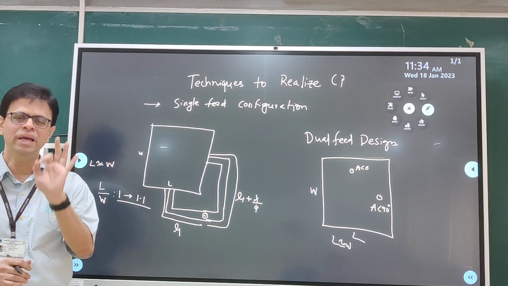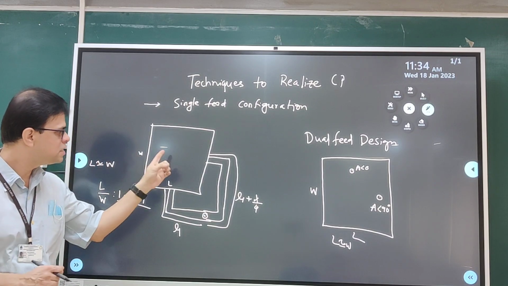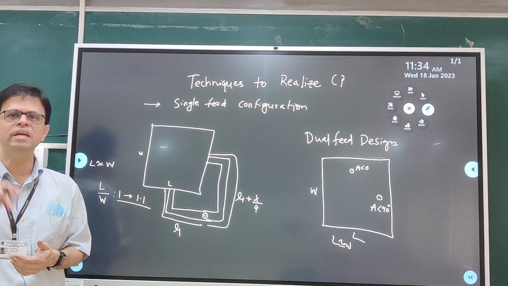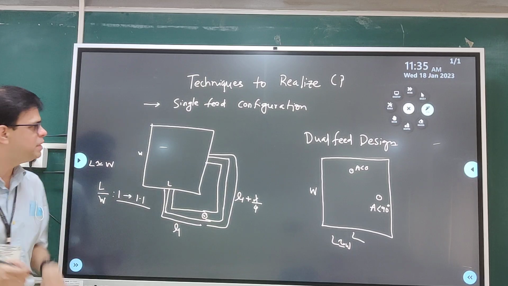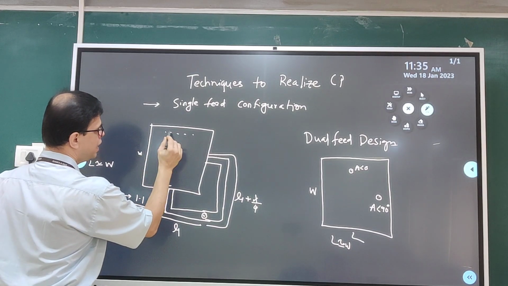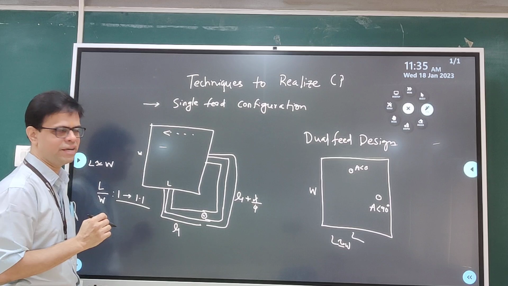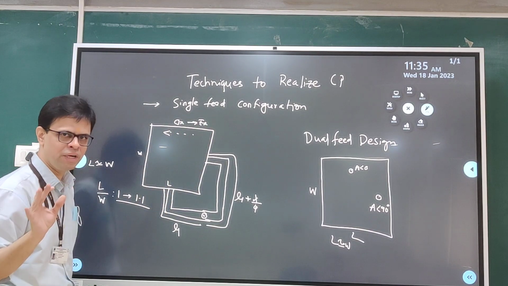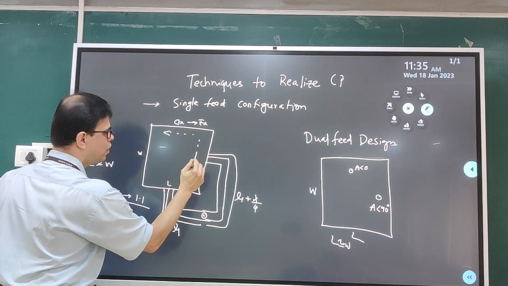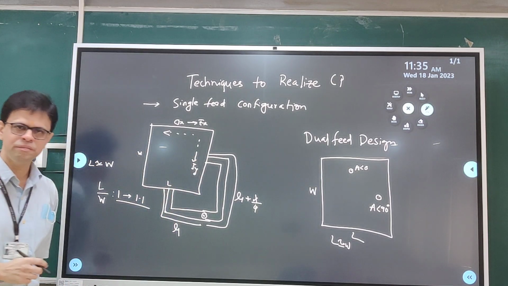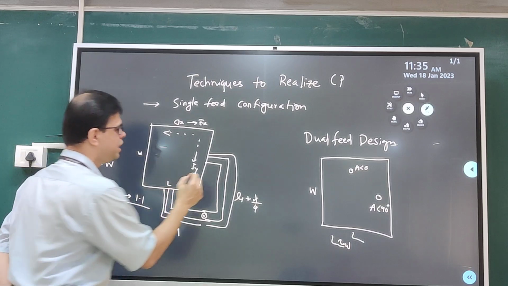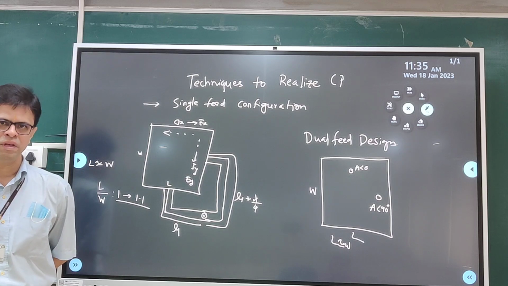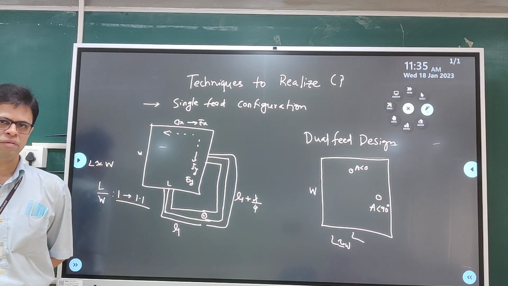What is required in circular polarization is that I should excite orthogonal modes so that Ex and Ey components will be realized. What it means is that I should have an excitation of X directed current, that is Jx, which will lead to Ex field predominantly, and then I should have a Y directed current which will lead to Ey, that is the Y directed field component predominantly, with respect to their principal plane of radiation.